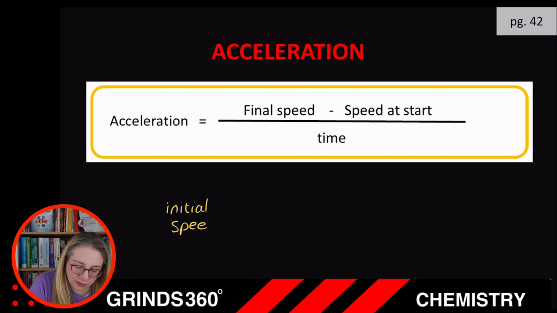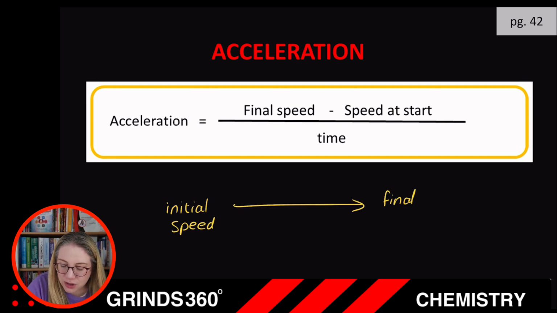Speed or velocity if you prefer. And then you get up to a final speed after you have finished accelerating. And that's what this is looking at. It's looking at the difference, the change in the speed. That's why you're subtracting them, and then you look at how long it took to get from the initial to the final speed. So that's why it's over time.